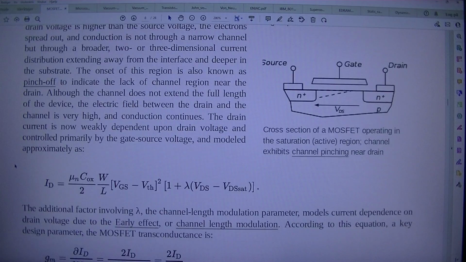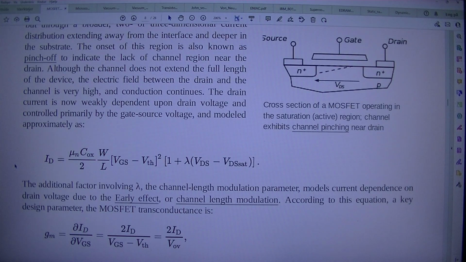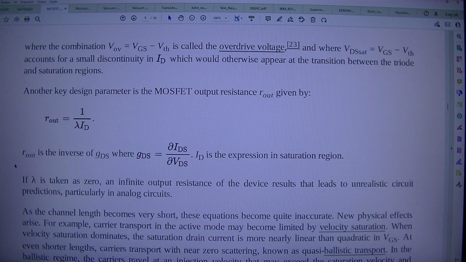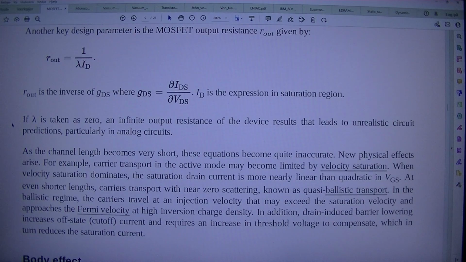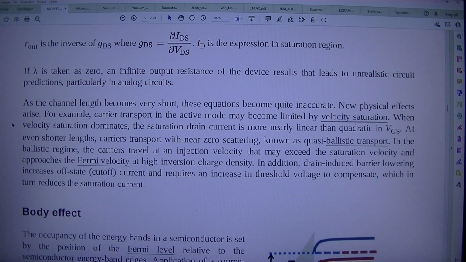According to this equation, a key design parameter, the MOSFET transconductance, is given as follows, where the combination VOV = VGS - VTH is called the overdrive voltage, 23, and where VDSAT = VGS - VTH accounts for a small discontinuity in ID which would otherwise appear at the transition between the triode and saturation regions. Another key design parameter is the MOSFET output resistance rout, given by rout being the inverse of gDS, where ID is the expression in the saturation region.